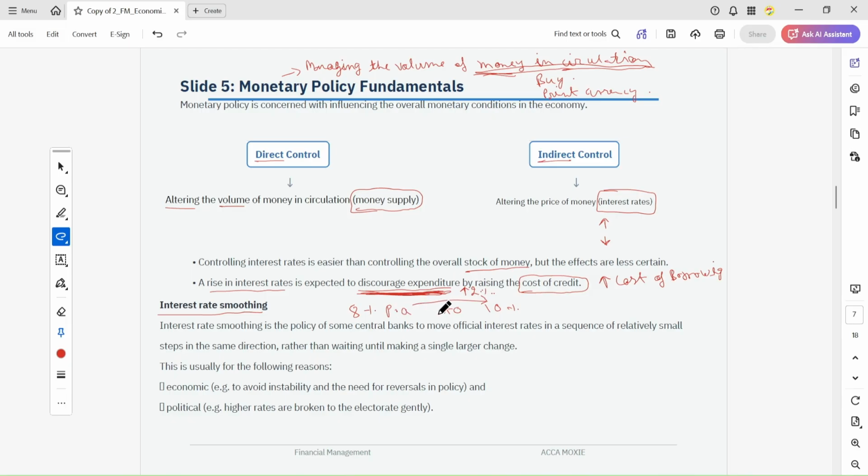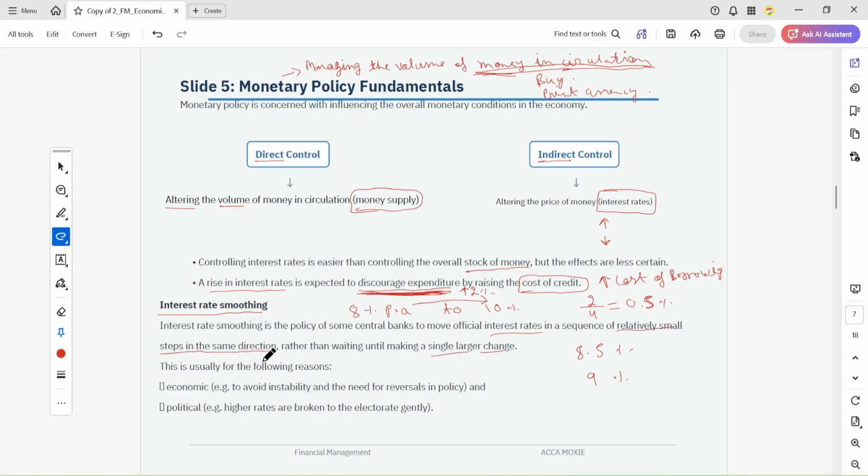Instead of increasing 2% in one go, they will split that 2% over the 4 quarters. So the government will increase 0.5% every quarter. In the first quarter, the interest rate will be 8.5%, then 9%, and so on. So that is the interest rate smoothing.